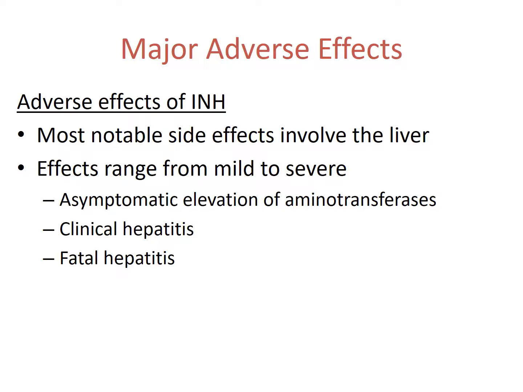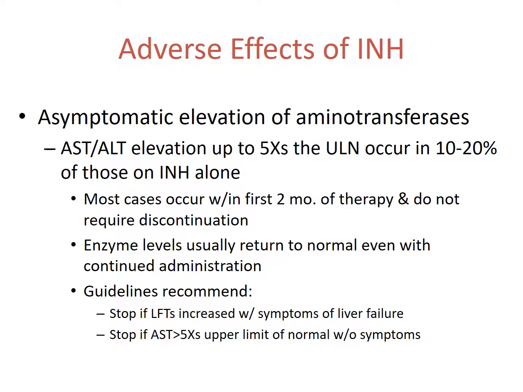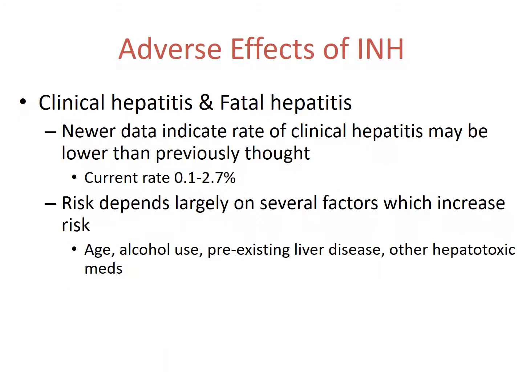The most notable side effects could be hepatotoxicity and initially asymptomatic elevation of aminotransferases, and then hepatitis. So AST, ALT elevation can happen up to 5 times the normal. Most happens within the first 2 months of therapy, and then they usually return to normal.